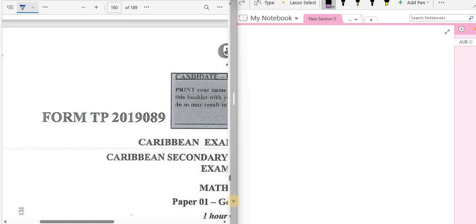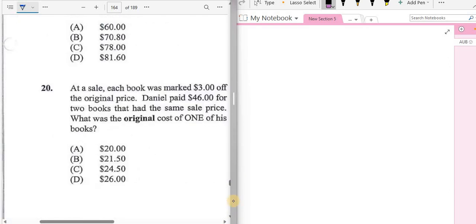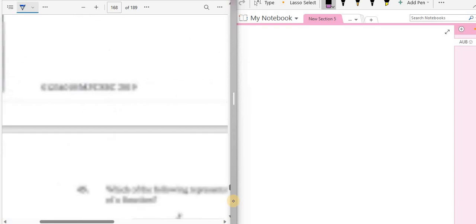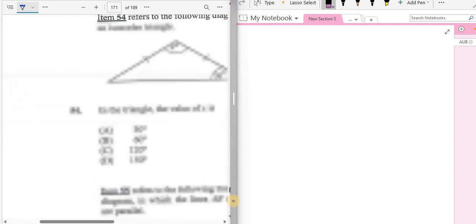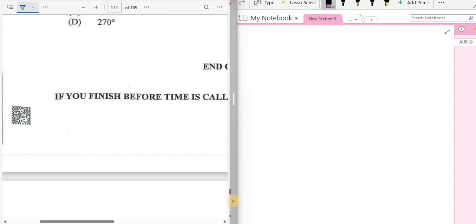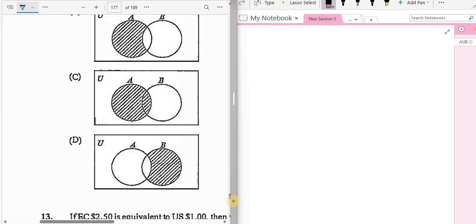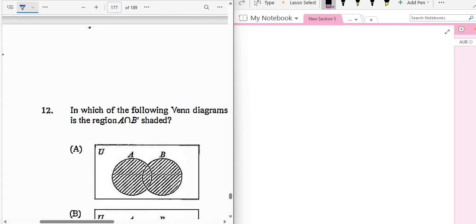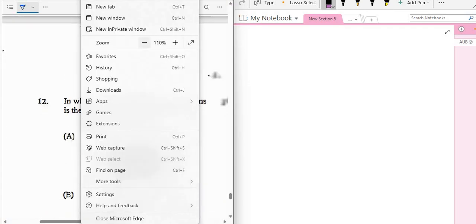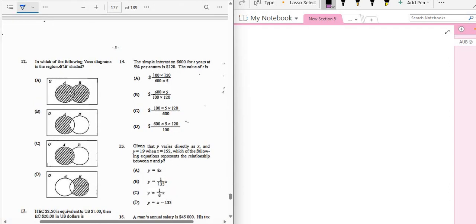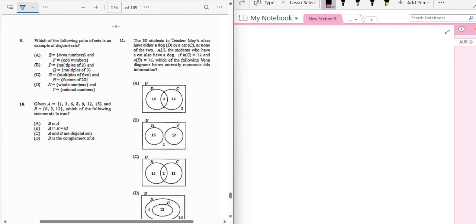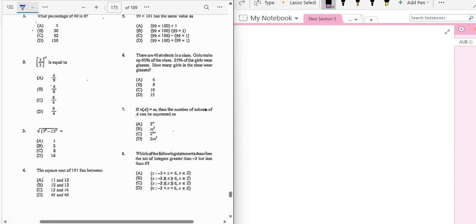What else? Difference of two squares, right? The fraction, the power, percentages.